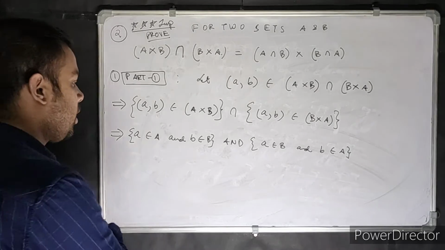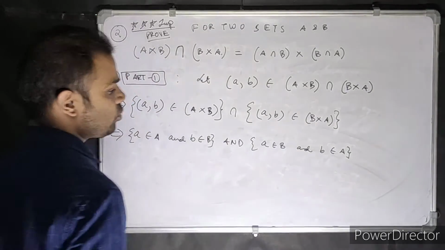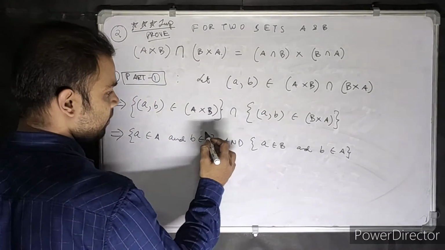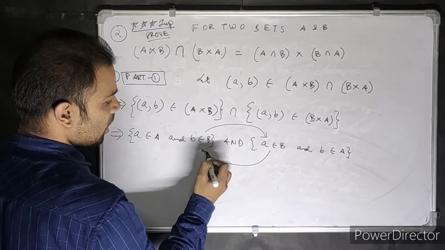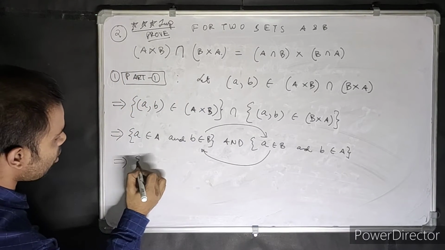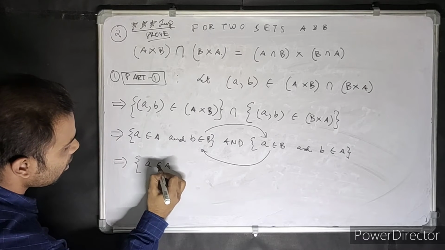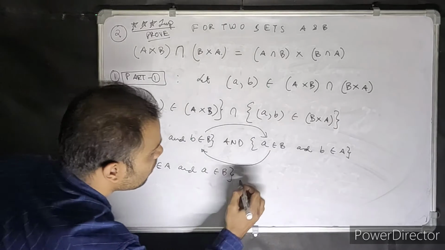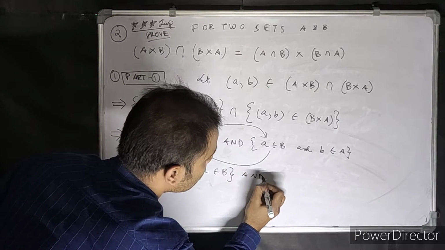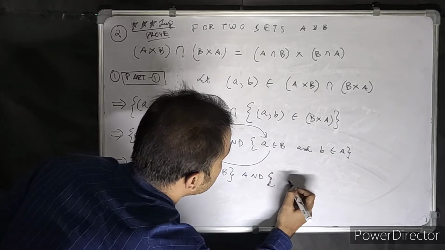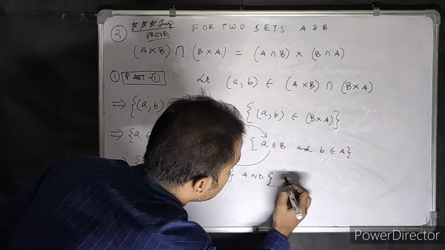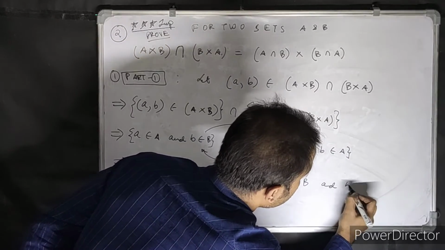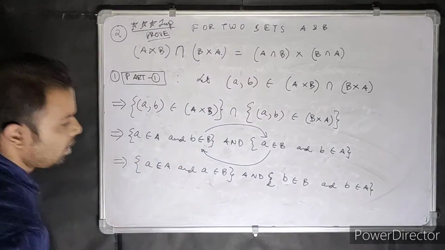Just shift these two positions. Now you have a belongs to A and a belongs to B, then and, and from here you have b belongs to B and b belongs to A.